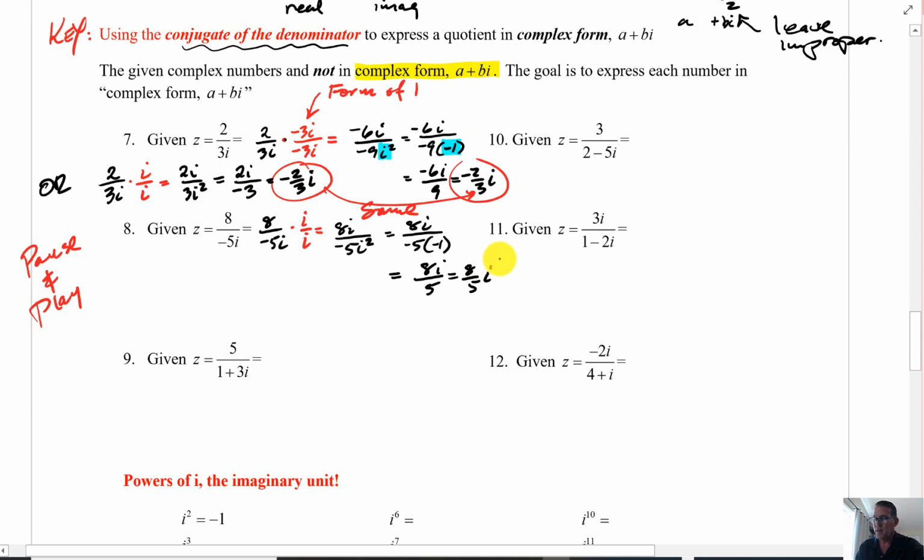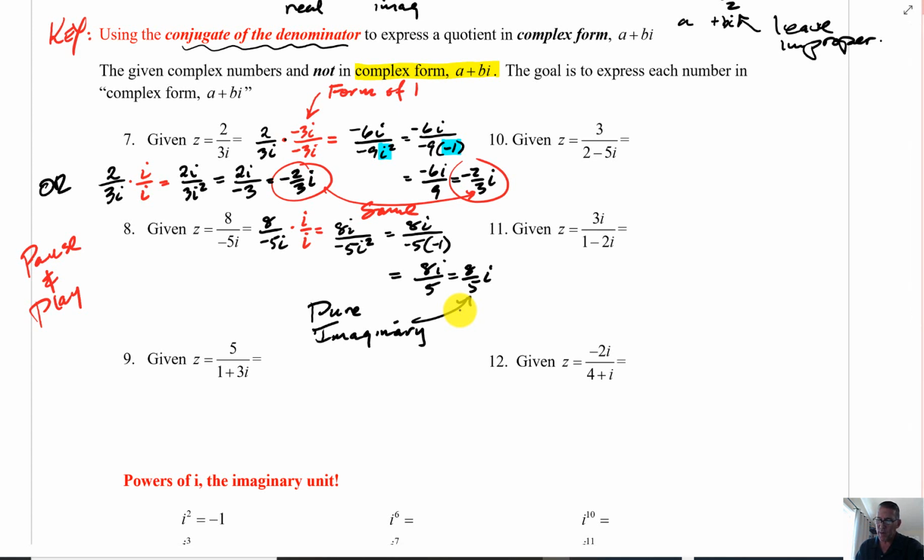It's the same thing. So this is pure imaginary. There's no real part. When there's no real part and there's only an imaginary part, it's pure imaginary. So a is 0 in this case. But that's complex form right there.